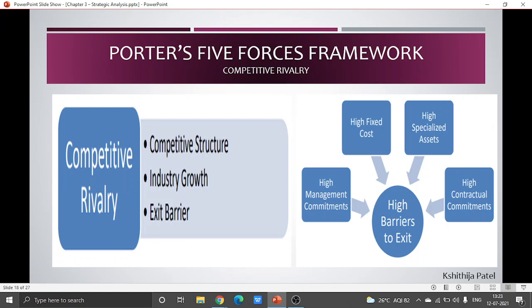While the emotional factors could be the sentiments of the management that are attached to a business, or their commitment towards the employees or other stakeholders like distributors and suppliers.